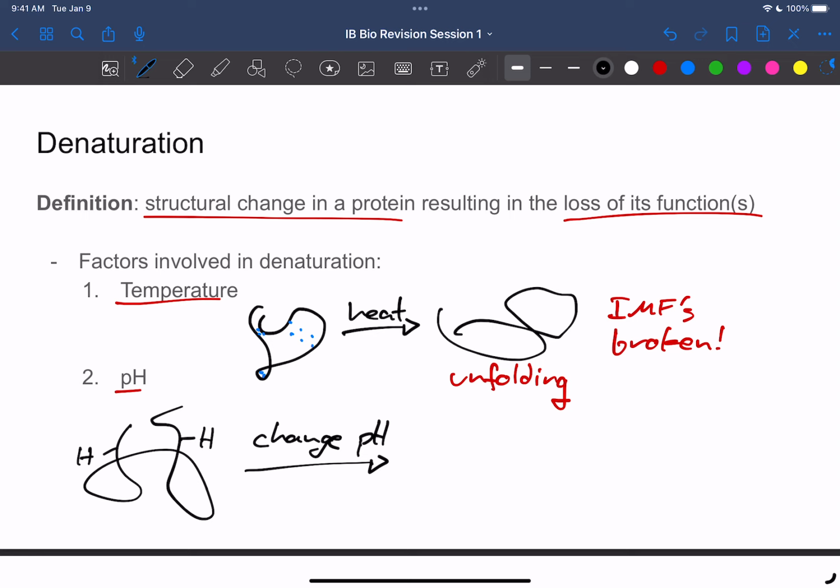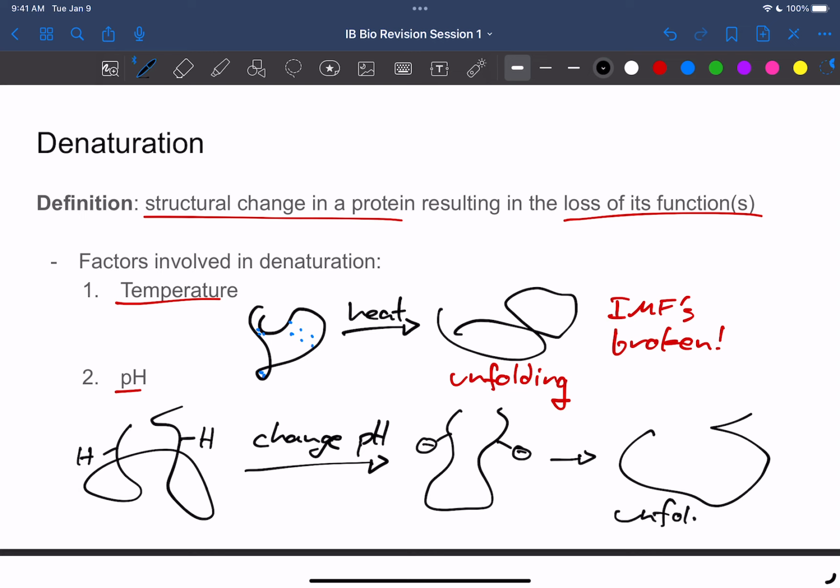Well, all those protons are going to leave and create a negative charge, which is going to change interactions. Because what they did was release their protons.